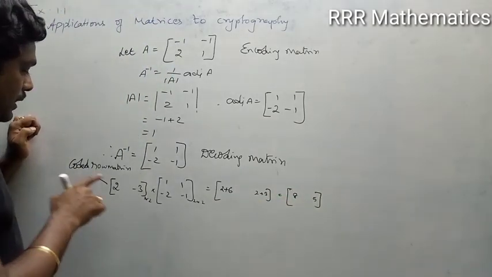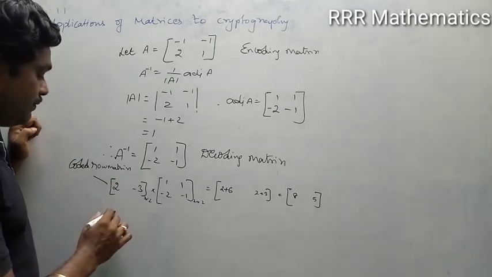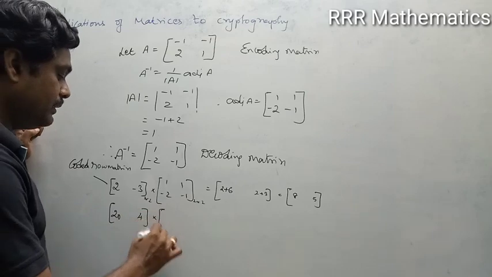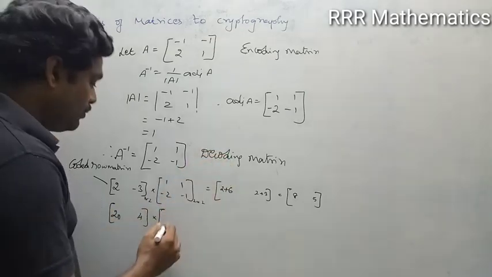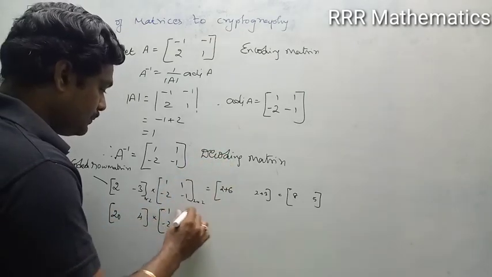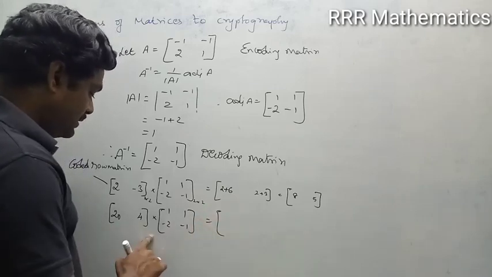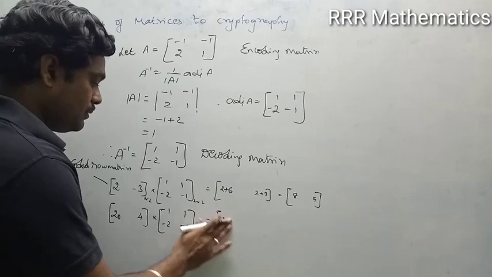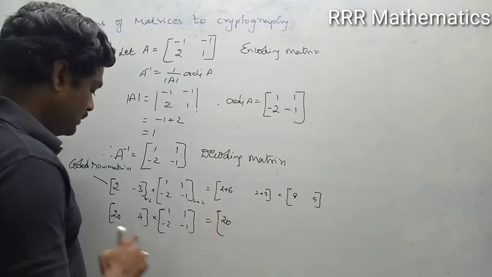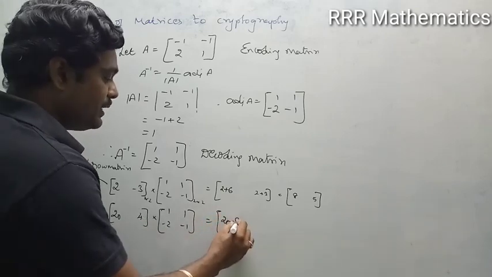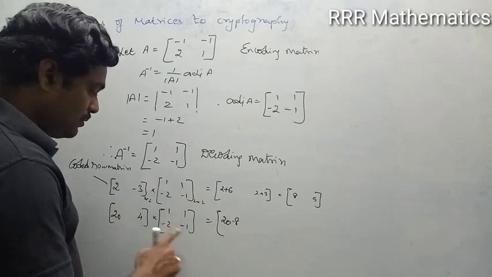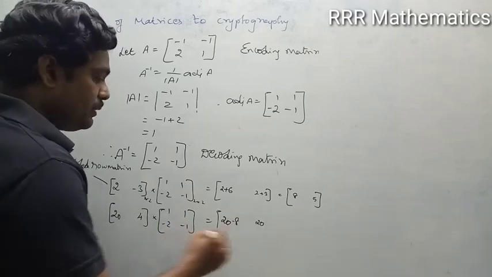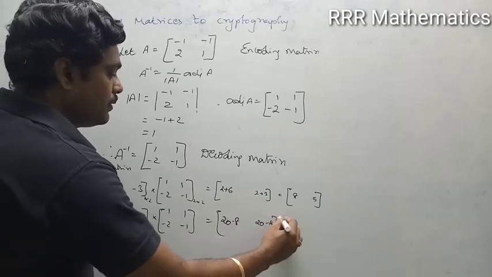Next, another coded row matrix is [20, 4], multiplied with the decoding matrix. First row first column: 20 ones are 20, 4 times minus 2 is minus 8. First row second column: 20 ones are 20, 4 into minus 1 is minus 4.